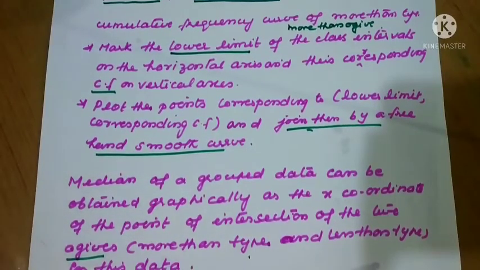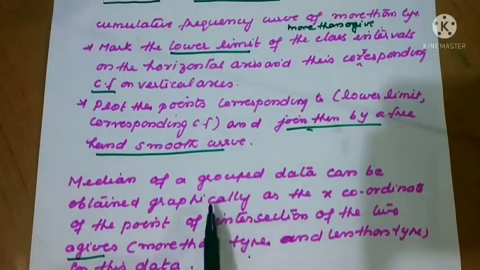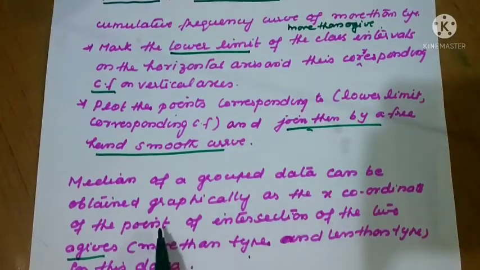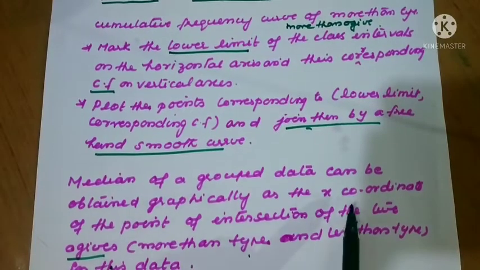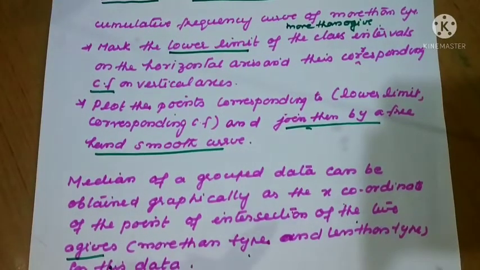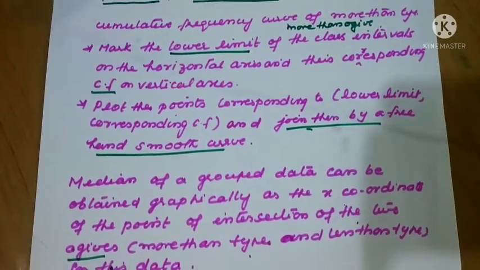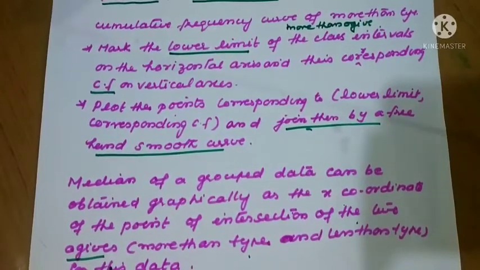That is, when you draw the more than ogive and the less than ogive on a single graph sheet, the x-coordinate of the point of intersection of the two curves is the answer for the median. You will understand the steps while doing the graphs. So these are the theory part, I'll explain it one by one.